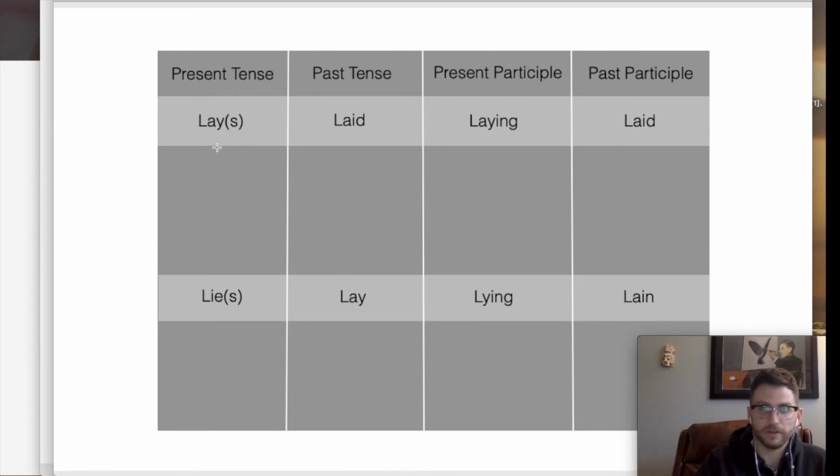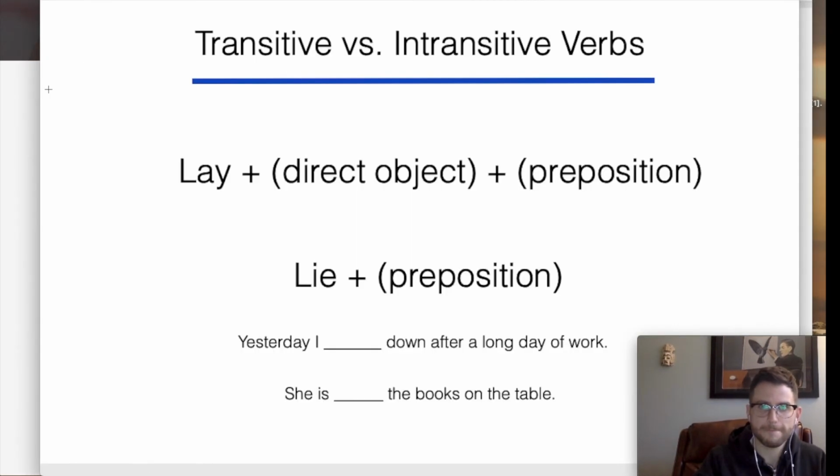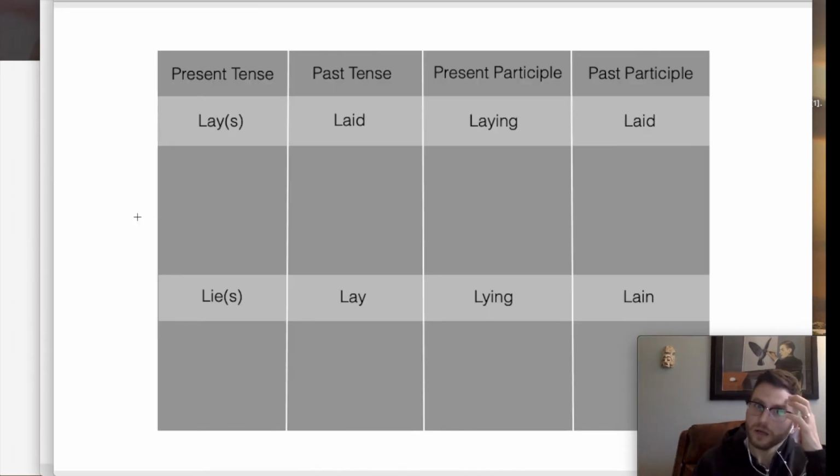Regardless, though, if it's past tense, it's transitive, and it's attaching directly to an object. They laid the books. So back to what we were talking about here. Laid the books directly attaches to that object. Okay. The present participle, which is the ing form of that verb, is laying.